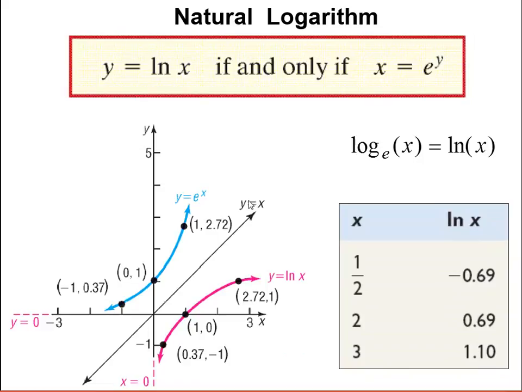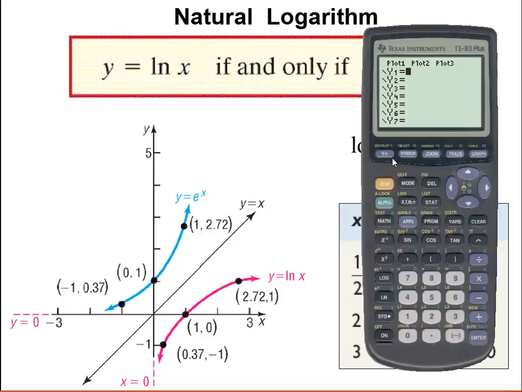Now remember, here's my increasing exponential. So here's my increasing logarithm graph. Bringing up my calculator, I hit the y equals button, and if I come down here and punch the ln key, notice how it makes it lowercase there, and then I hit X and close my logarithm.